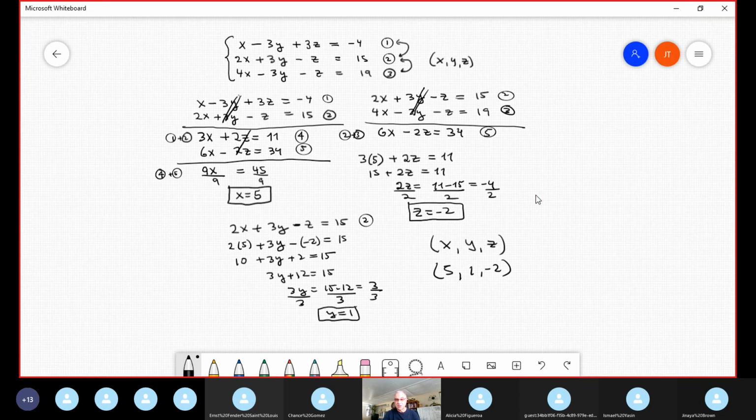Let me summarize quickly the idea. You select a couple of equations, and you make a decision to eliminate, for example, y. In another example, not necessarily y, it's another variable. Done. And you get a new equation that contains x and z, no y anymore. You select another couple.